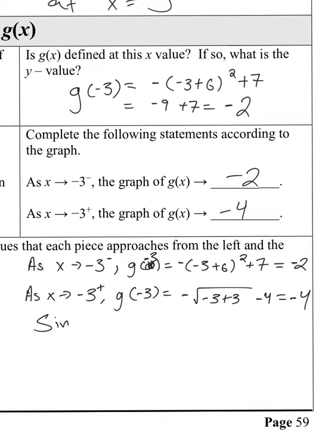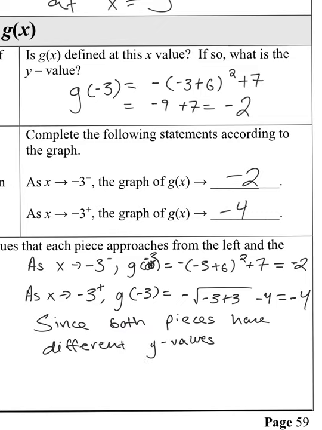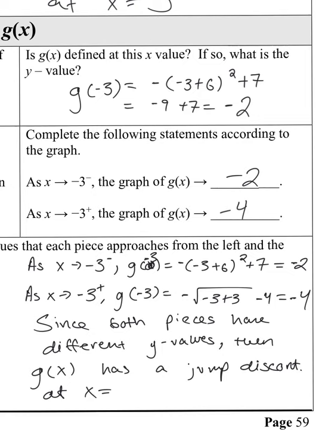And since both pieces have different y values, then g of x has a jump discontinuity at x being equal to what? -3, right?